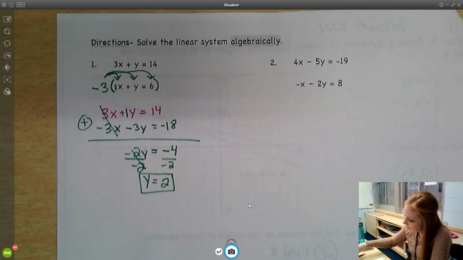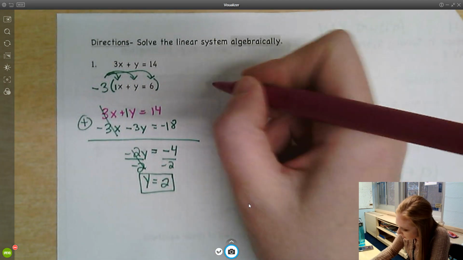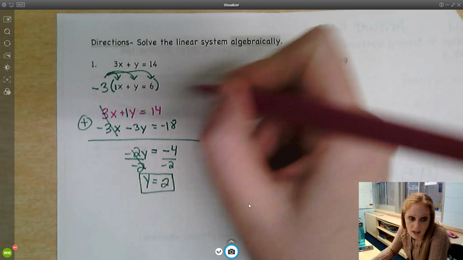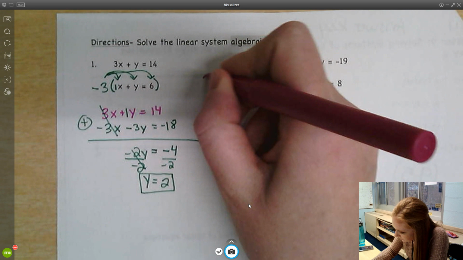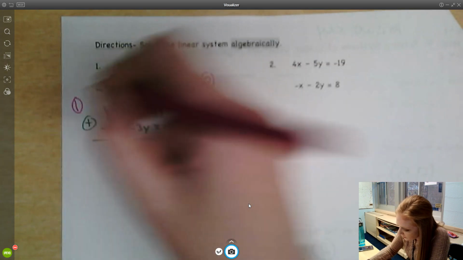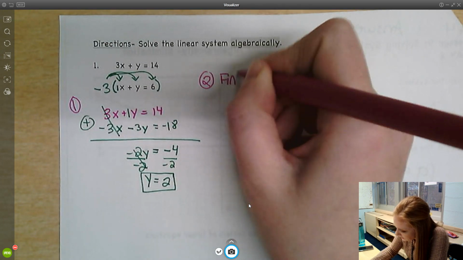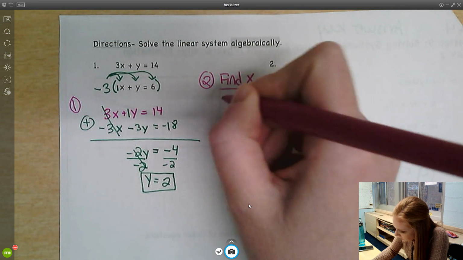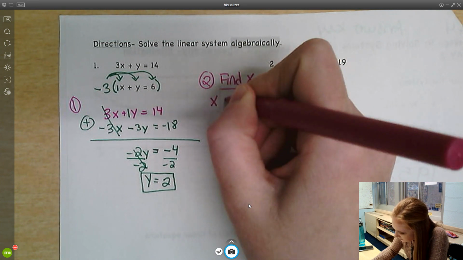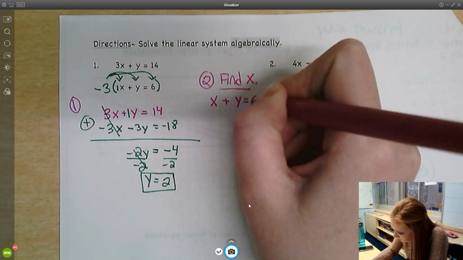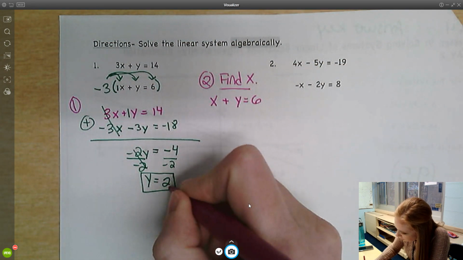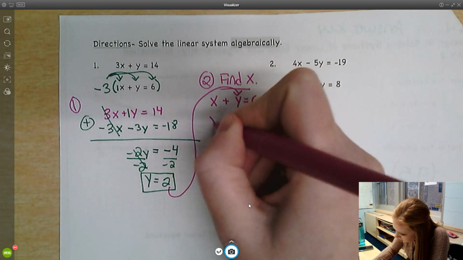All right, so now let's take our y equals 2 and plug it back into one of the originals. I think the second one looks easier this time. Okay, so this was step 1. Step 2 now is to find x, because we already found y. So I'm going to rewrite my second equation. I'm going to plug in this y equals 2 for y.